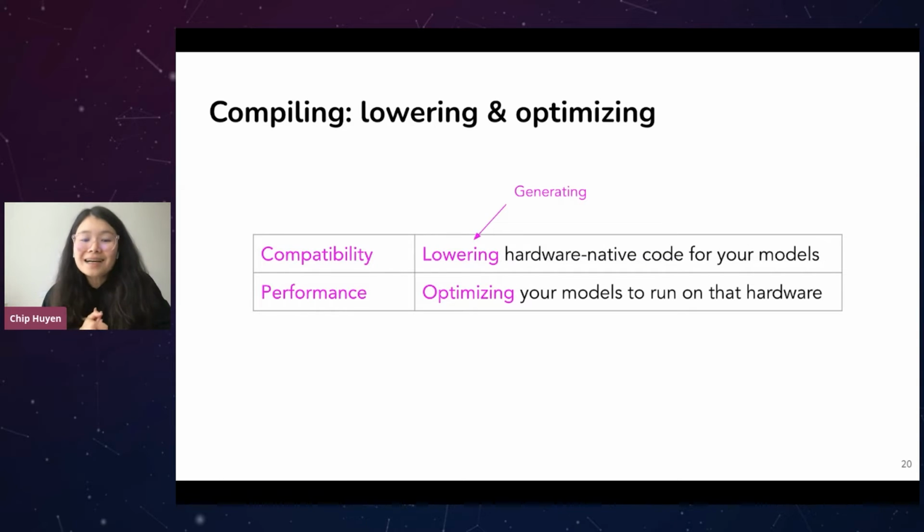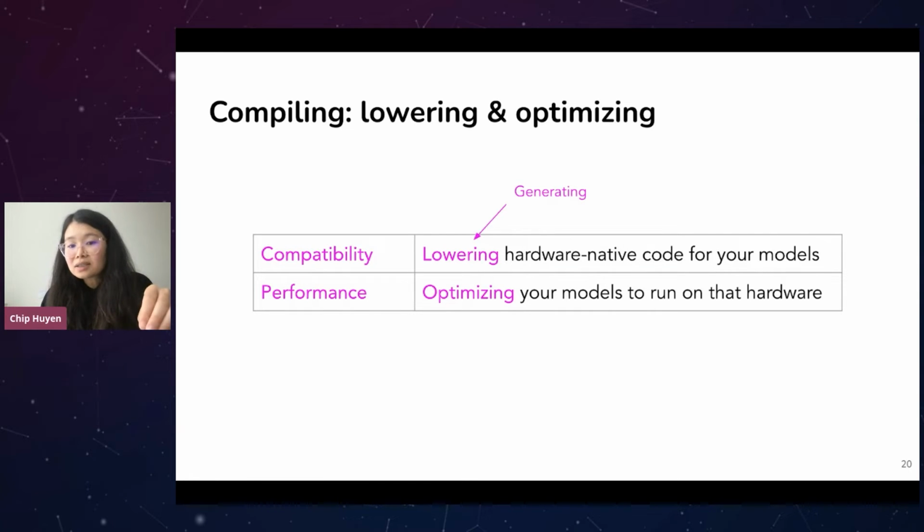More precisely, optimizing compilers. They do two things. First, they help with compatibility, as in they lower the model code into hardware native code. Lowering here just means generating hardware native code for your models.